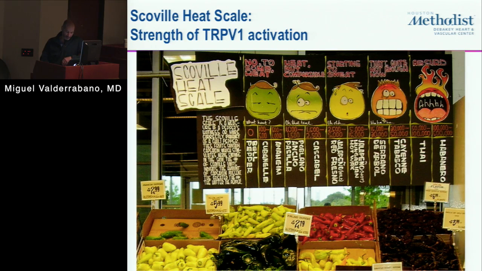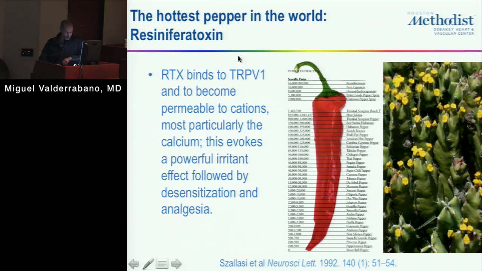But looking into this, I came across by chance this compound, resiniferotoxin. Capsaicin has about 16 million Scoville units. Then you go down and get habanero peppers, jalapenos, and others. Resiniferotoxin is 16 billion units.